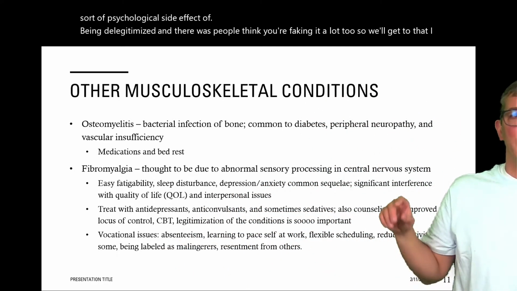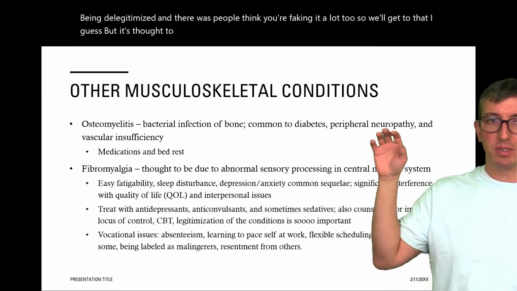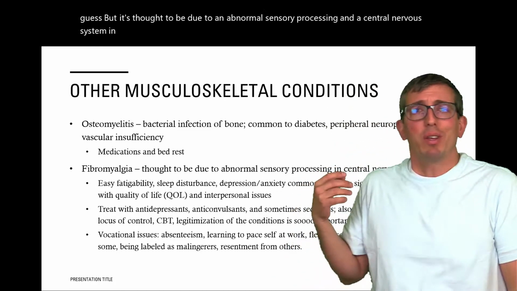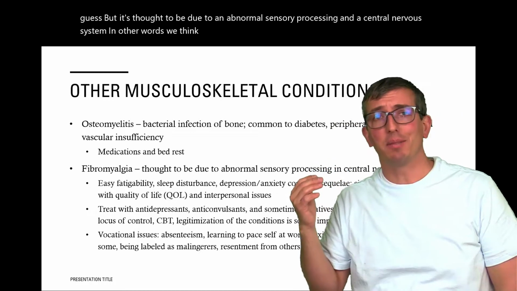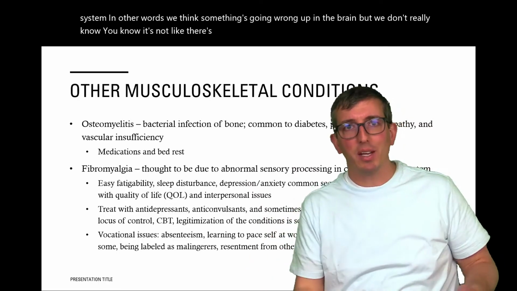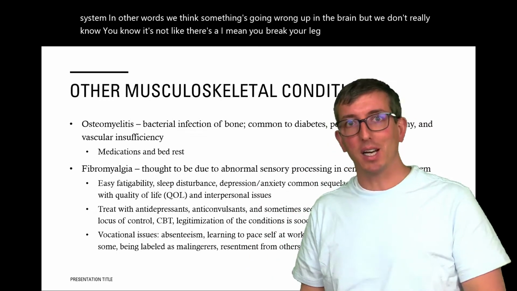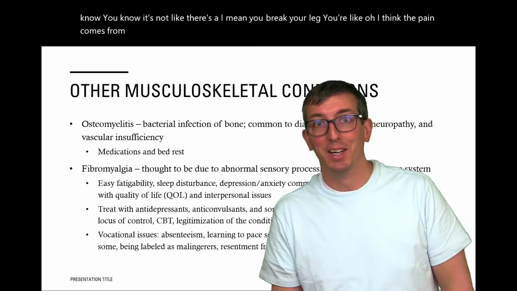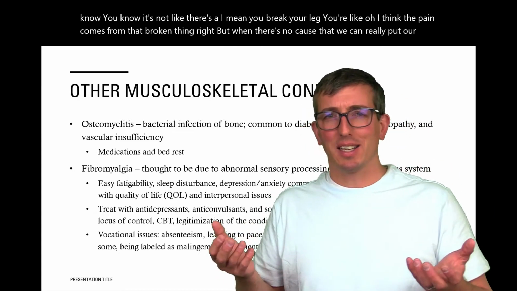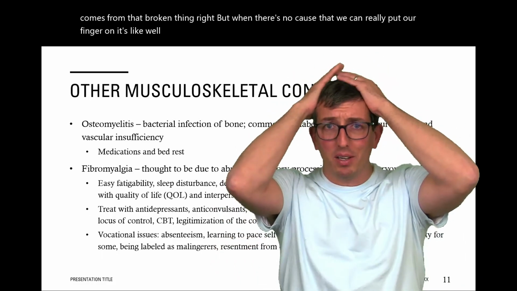But it's thought to be due to an abnormal sensory processing in the central nervous system. In other words, we think something's going wrong up in the brain, but we don't really know. It's not like when you break your leg, you're like, oh, I think the pain comes from that broken thing, right? But when there's no cause that we can really put our finger on, it's like, well, something must be going on up here.